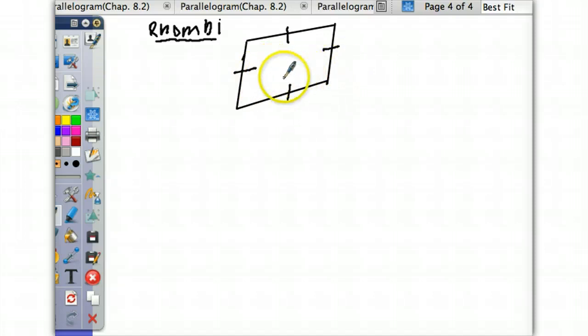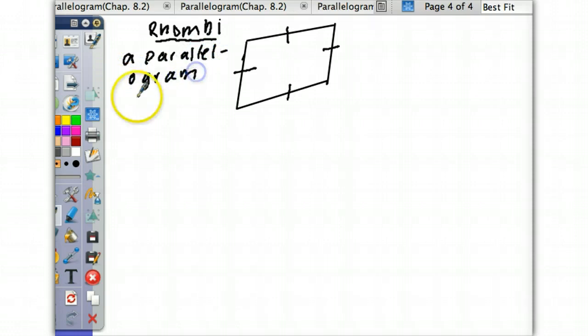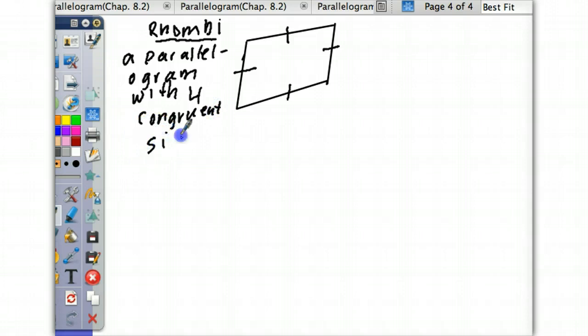So a rhombus is a parallelogram with four congruent sides. A rhombus is kind of like a square because a square has four congruent sides.